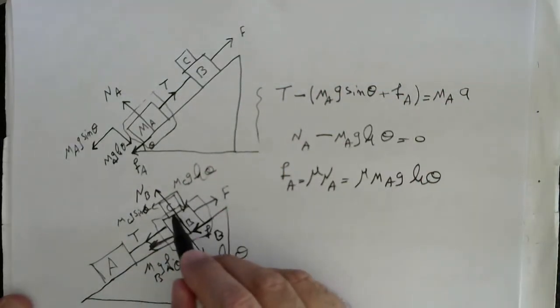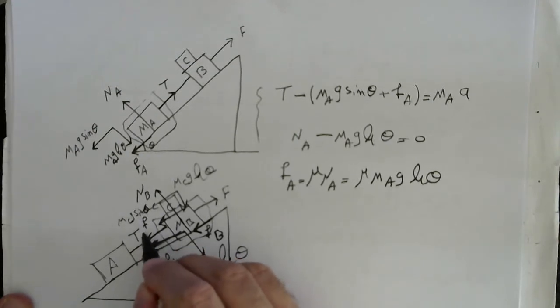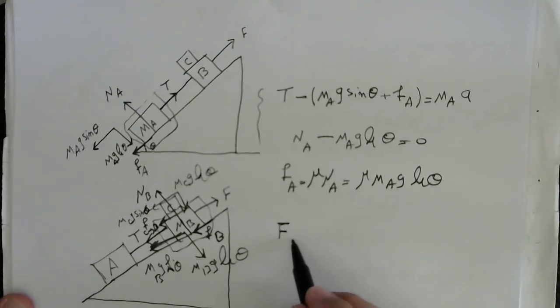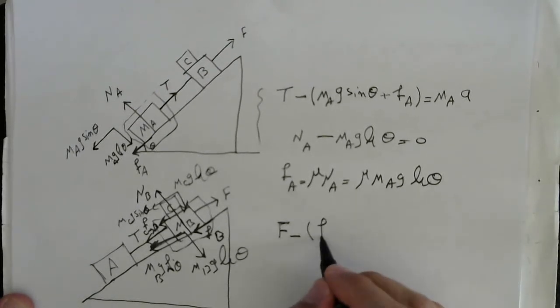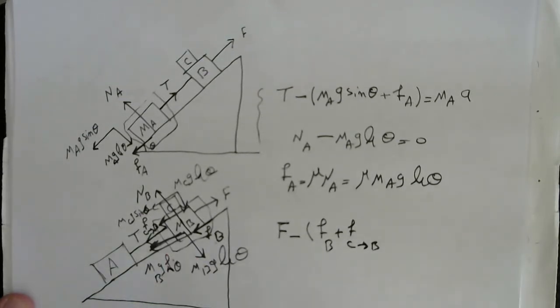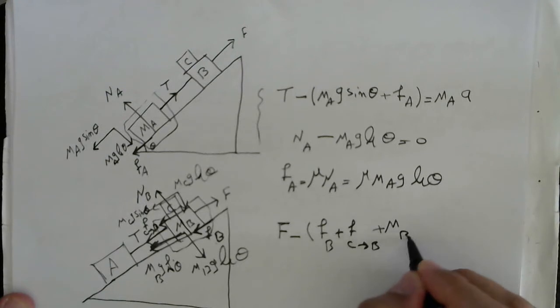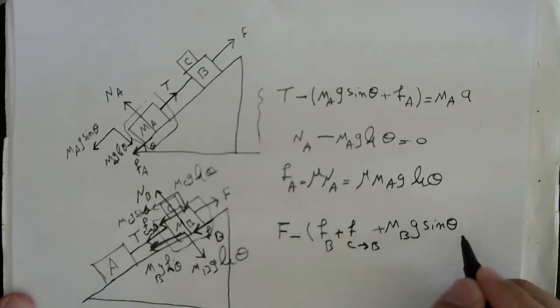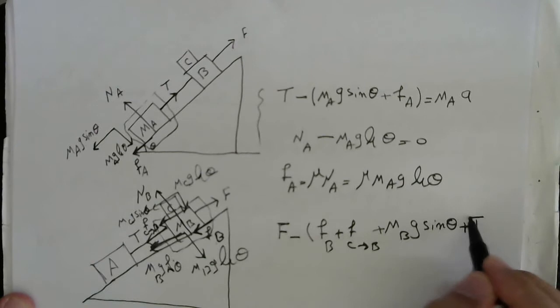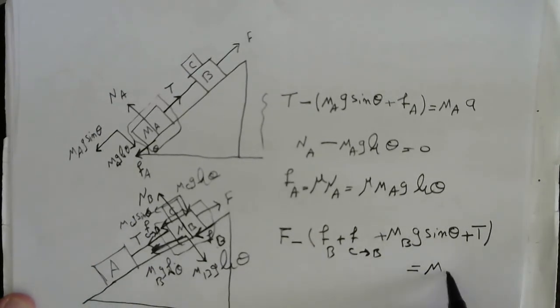So the friction here is F_C to B. So your equation of motion, considering all these forces, is F minus F_B, which is the friction from the inclined plane, plus F_C to B, the friction between C and B, which is outside the system because the system is B, plus m_B g sine theta, which is the part of the force due to the mass of B, and the tension in the rope. These all become m_B a.